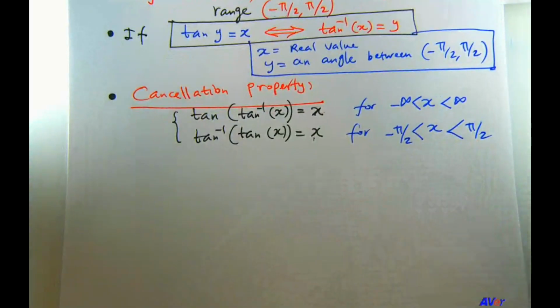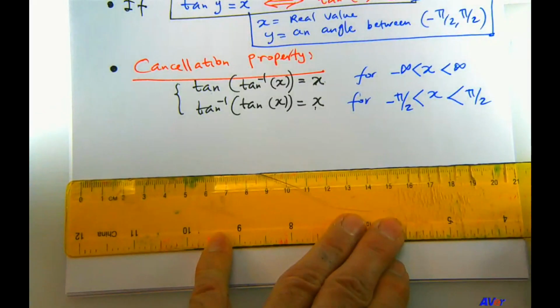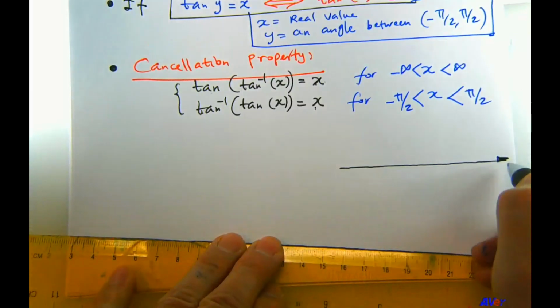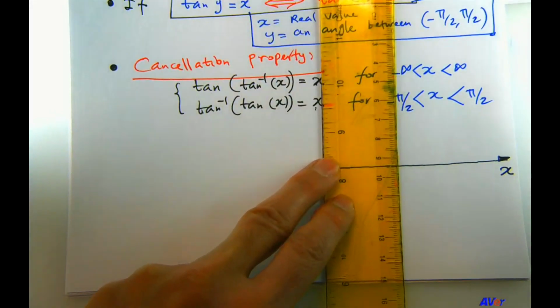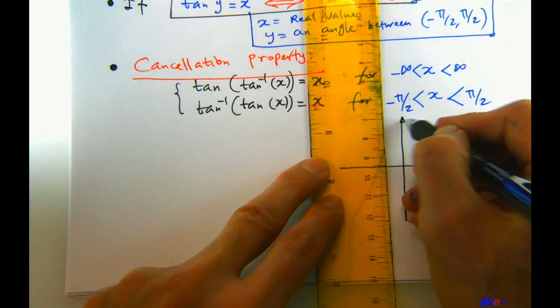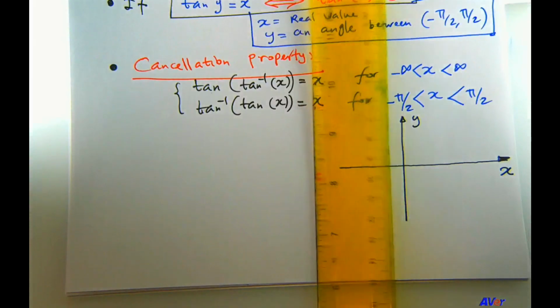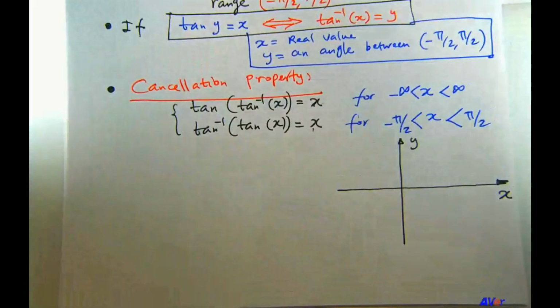So let's do that. So the range is going to be minus pi over 2 to pi over 2. That's along the y-axis, right?